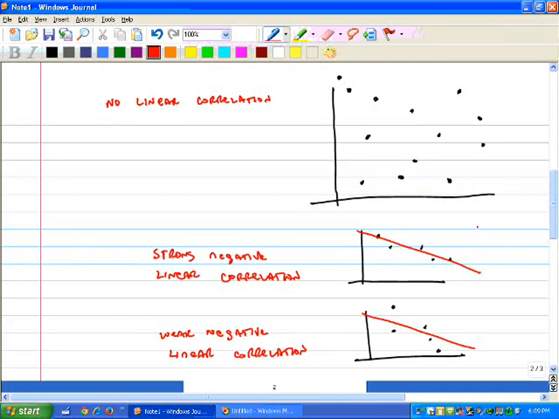If the slope of the line is negative, it has a negative linear correlation, or none at all. If the slope of the line is negative, then we would say it has a strong or weak negative linear correlation. If the slope of the line is positive, then we would say it has a strong or weak positive correlation.